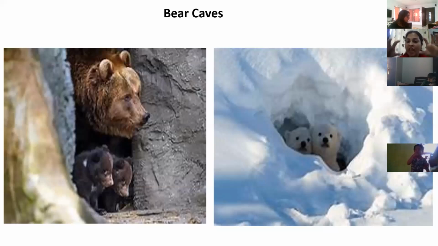So they dig the huge mountains of snow and they build their own caves. Similarly, the brown bears too dig holes in the mountains, in the ground, and they also make their own caves. See, in the first picture, you can see the brown bear with the cubs in the cave and the polar bear inside the snow cave.